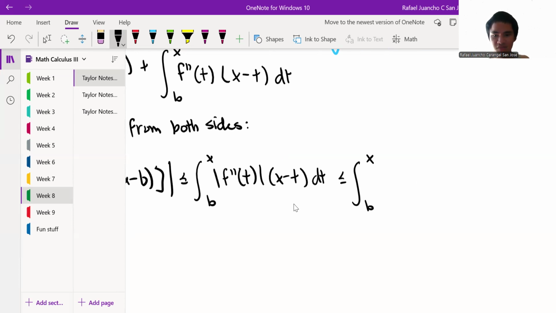So from this, we say this was M, oh, there's a way to write it actually, M times x minus t squared dt, right? Because we get the integral of that.